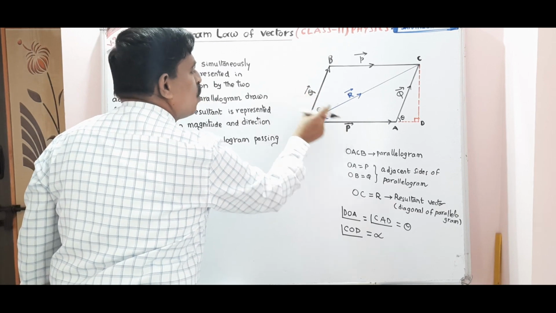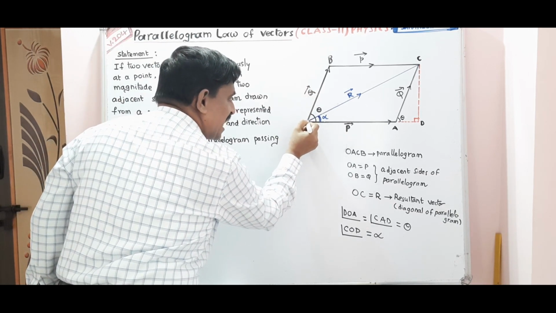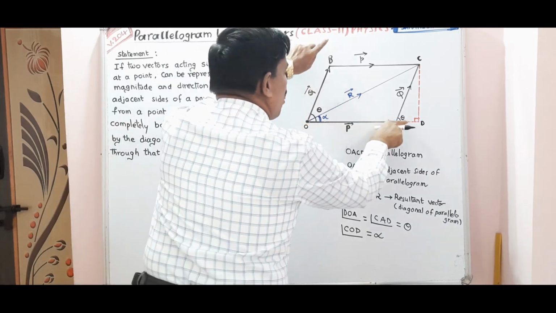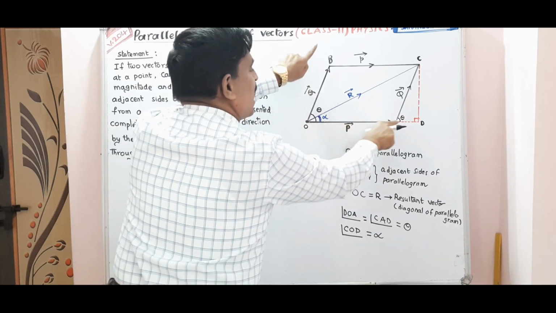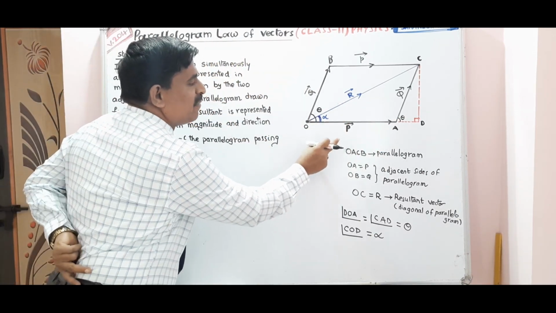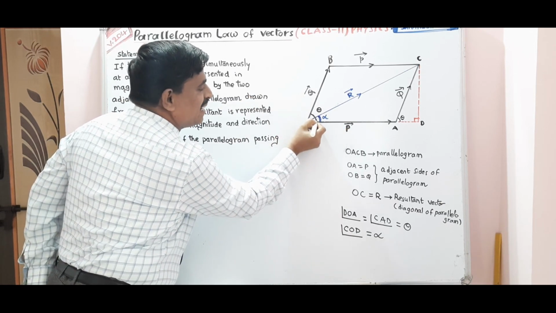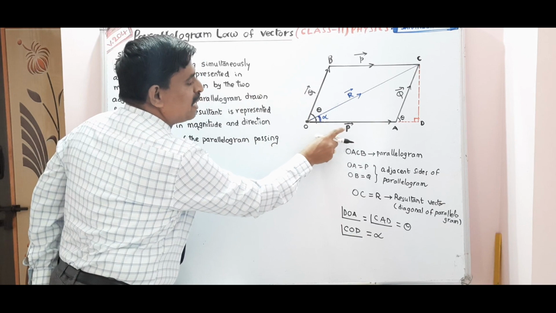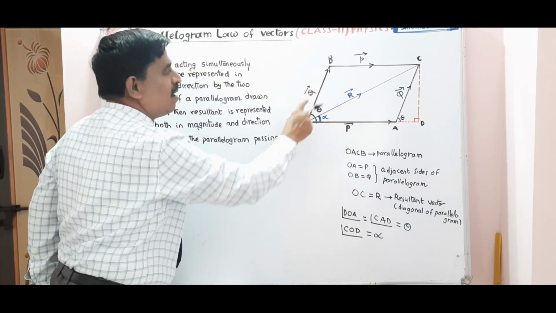P and Q are the two vectors acting on a particle from the same point along the adjacent sides of the parallelogram. The angle between the vector P and vector Q is theta.